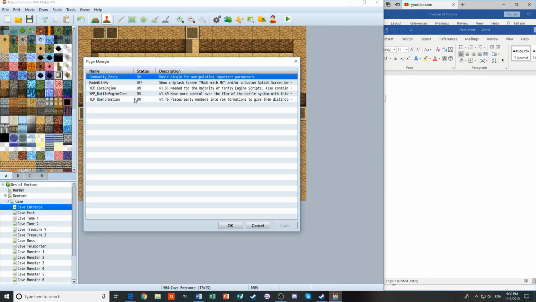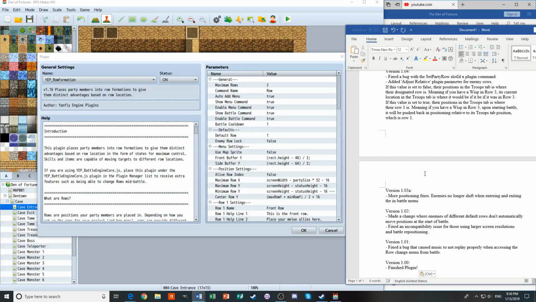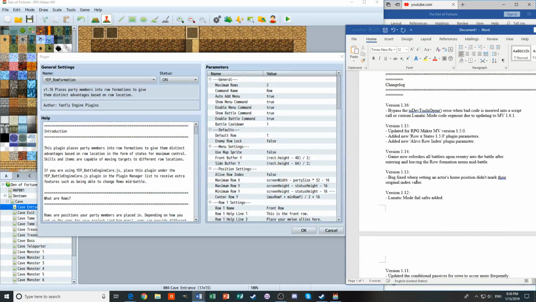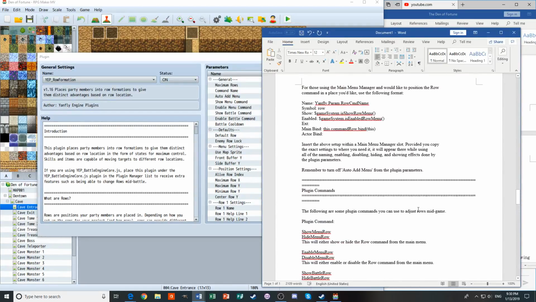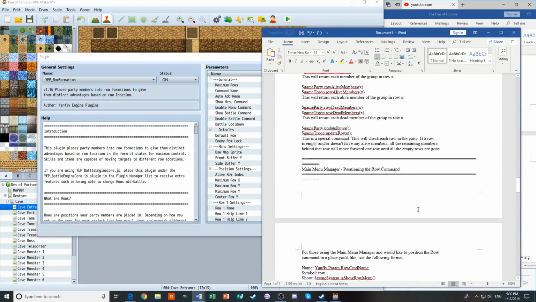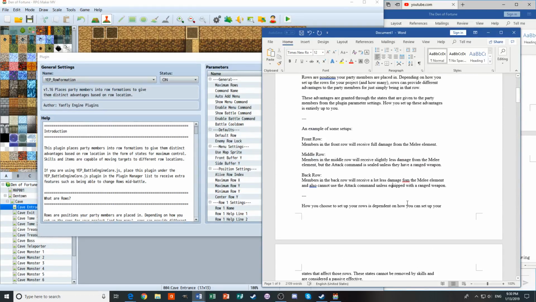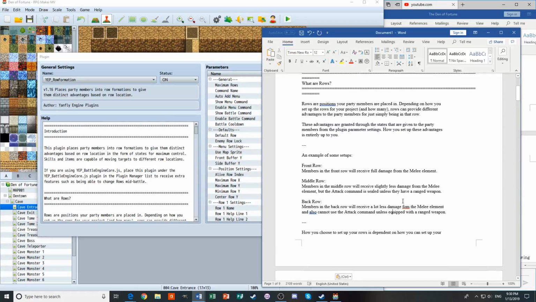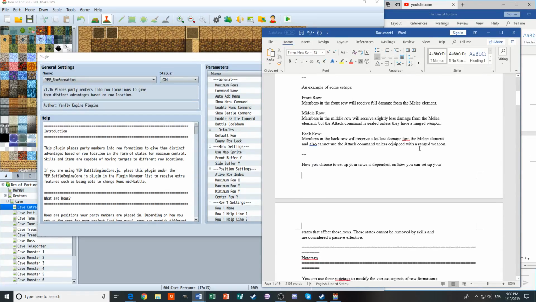And what we're going to do here is I'm going to take this row formation, copy, paste. There we go. That way I can refer to this easily while I'm doing other stuff.